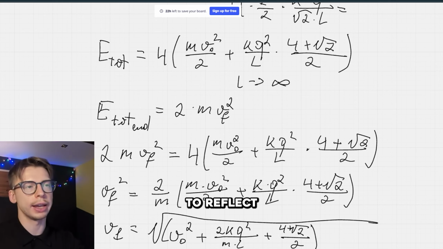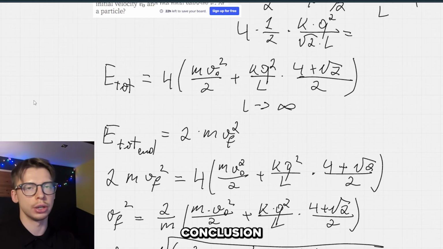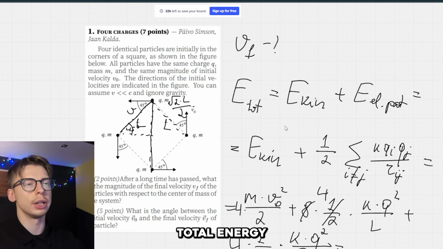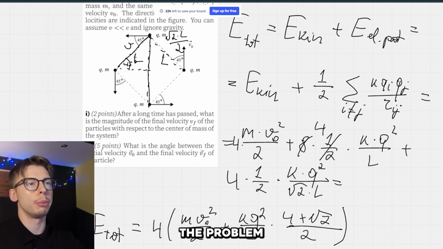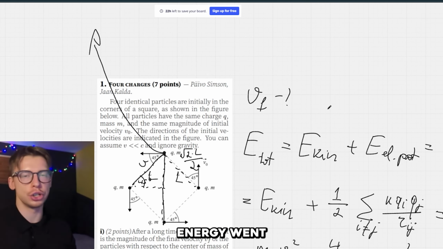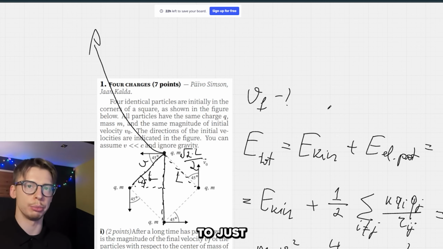It's important to reflect on the problem and see what we did to come to the solution. So what we did here is we found this total energy at the beginning of the problem. Once these particles flew off to infinity, their total energy went from a sum of kinetic and potential energy to just kinetic energy.